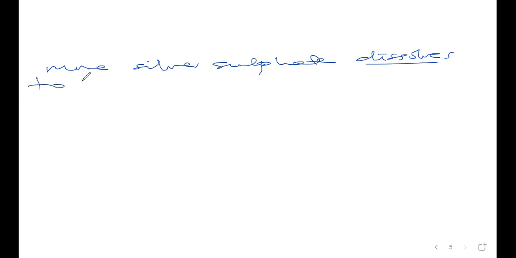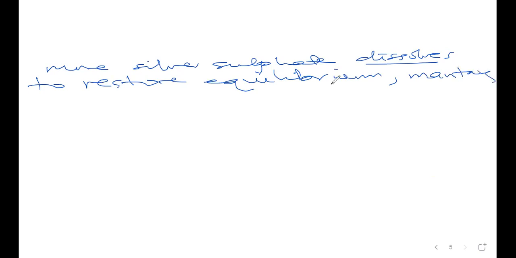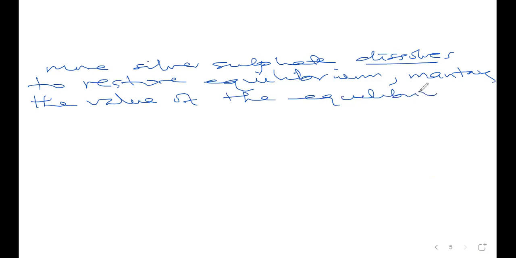To restore the equilibrium which was there before silver ions were removed, so that the value of the equilibrium constant is maintained.